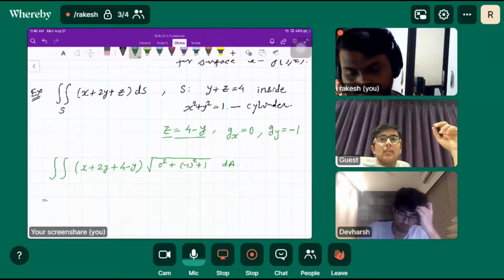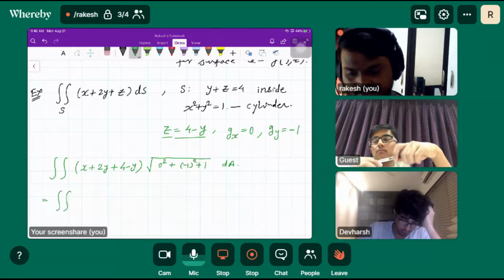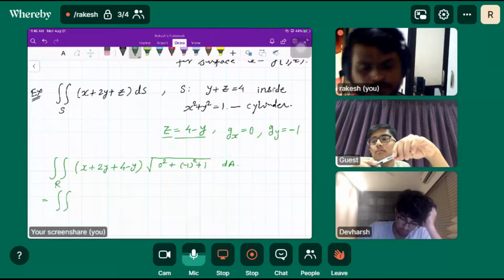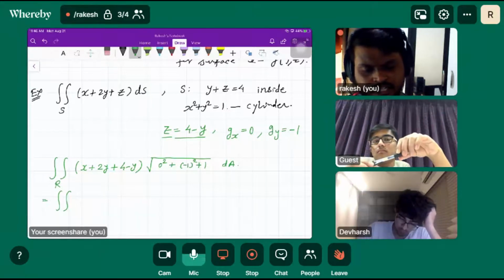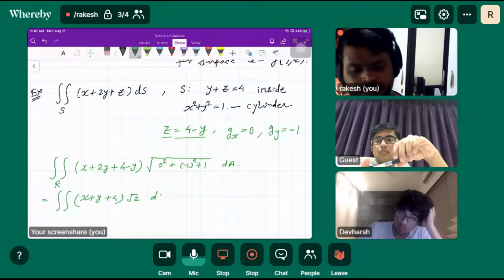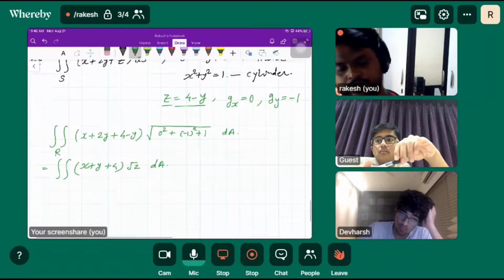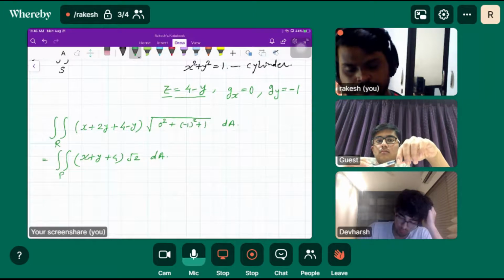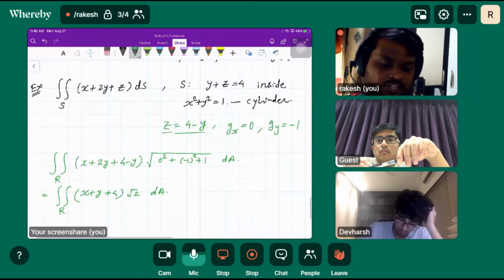So we can further simplify this. Now this is over region R. So we can further simplify to the integral of x plus y plus 4 root 2 dA over the region. So what is our region now?